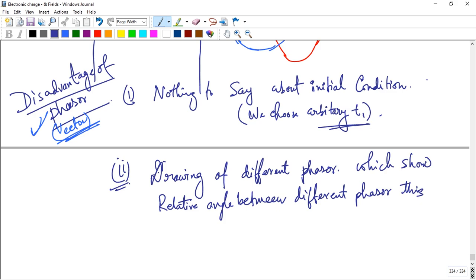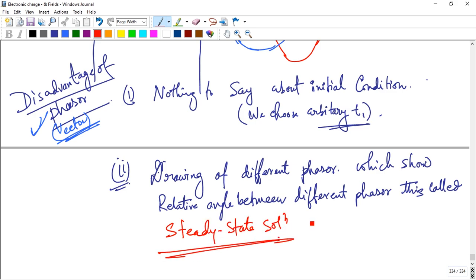It's very important: steady state solution, not general solution. Keep in mind, phasor gives only the steady state solution.